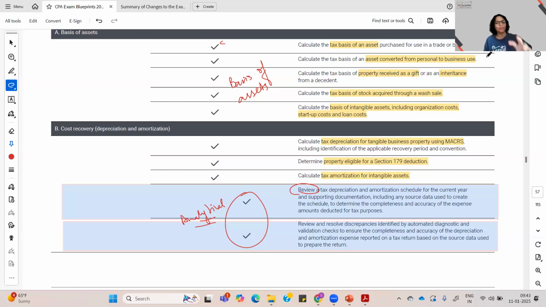So I used to think that a client has come and prepared a complete schedule for me, and ultimately the client will have to compute his corporate taxes. In that respect, how do I check whether what he's done is correct or not? That is typically what a review is. So review of what? A tax depreciation and amortization schedule.